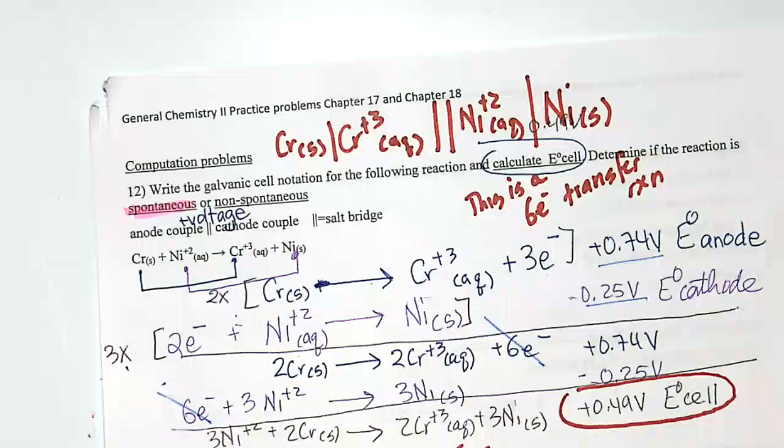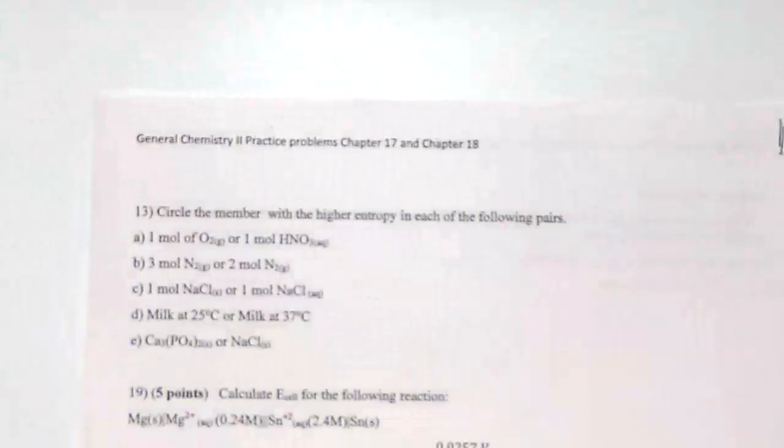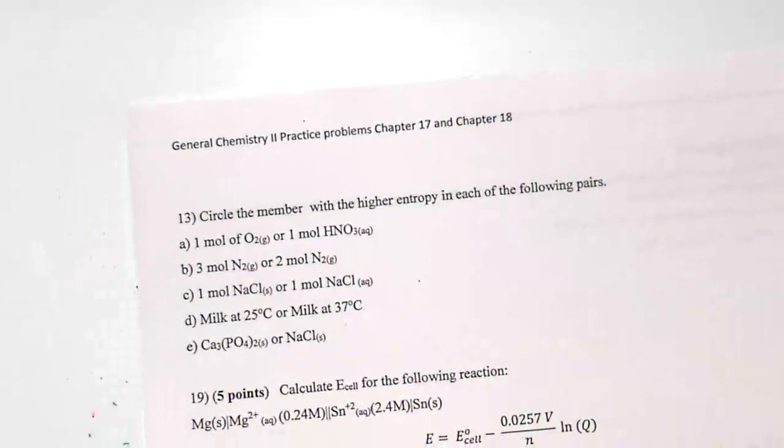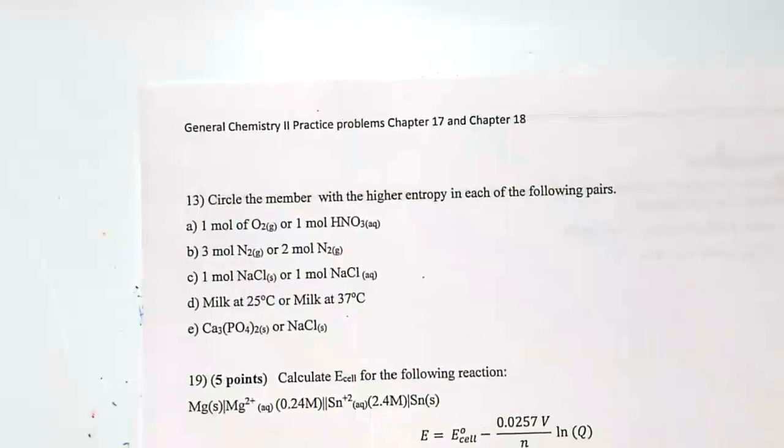All right, let's go over pages 4 and 5 here. So page 4 is here. Circle which one has the higher entropy.